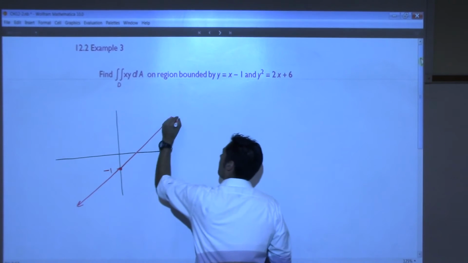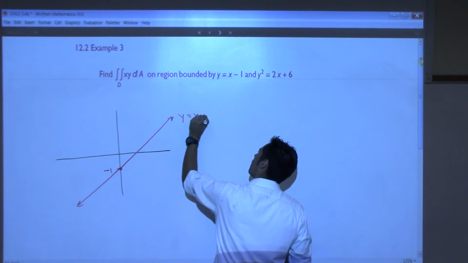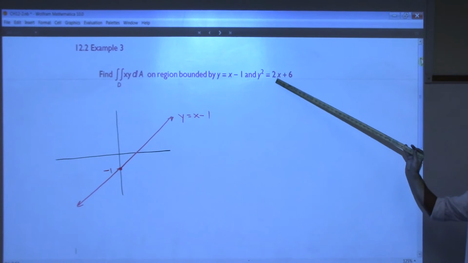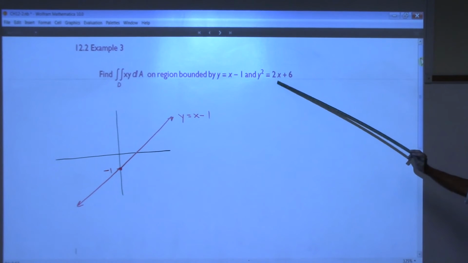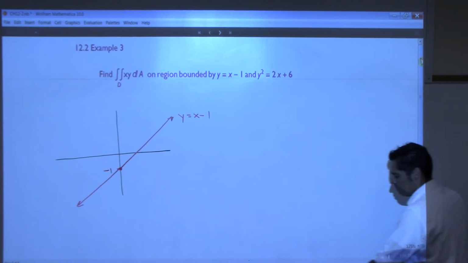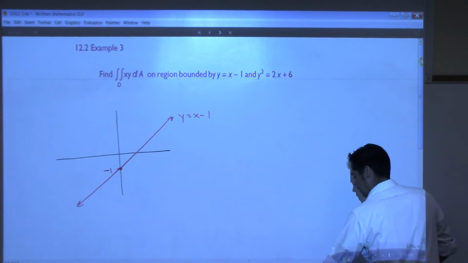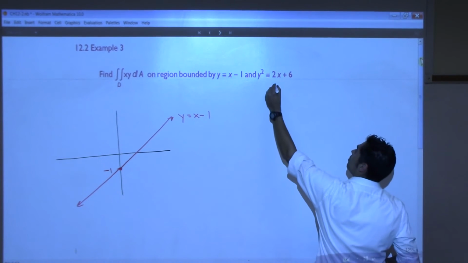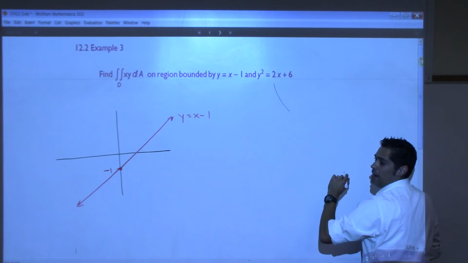Looks like this. But how about this one? How are you going to draw this? It's a parabola, right? Sideways. So let's see how we could do that. Let's go ahead and try and solve that for x.